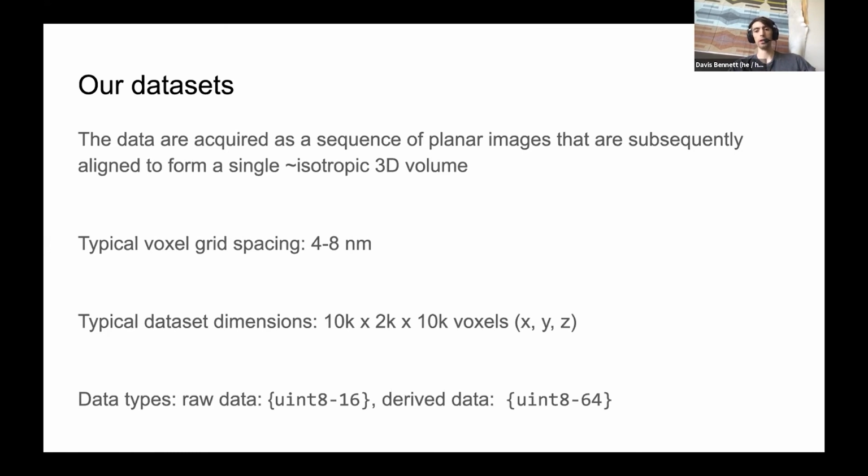And this is repeated, and you end up with a sequence of 2D planes that together have a nearly isotropic resolution, and you can combine them to form a 3D volume.